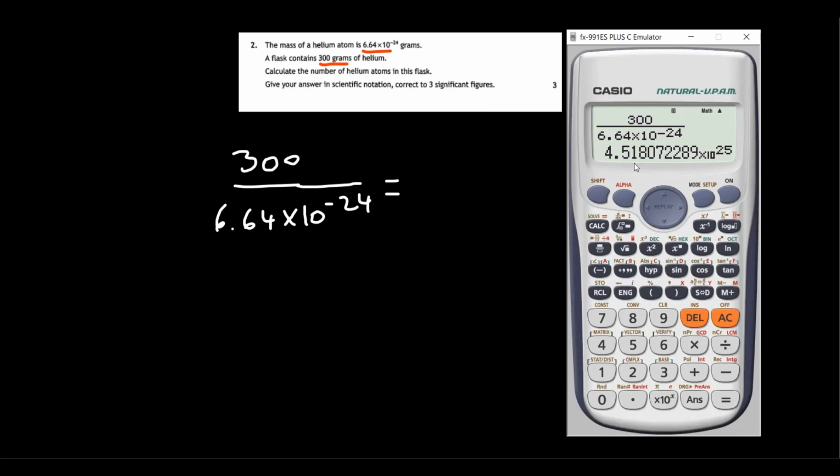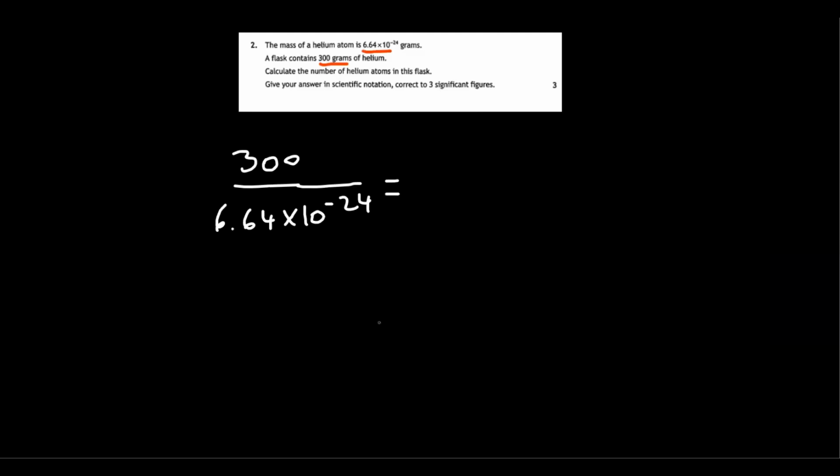And that actually gives you it in scientific notation. So it would just be 4.55 to 3 significant figures times 10 to the 25. And that wouldn't have any units because it's a number, the number of atoms.